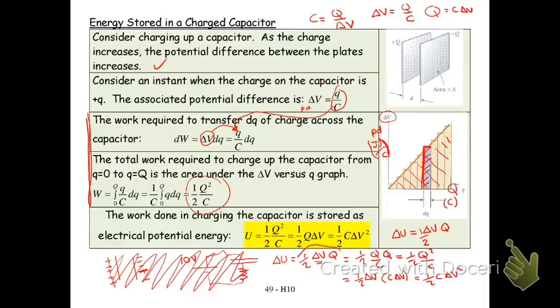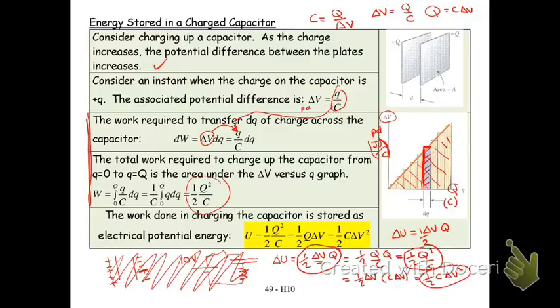So there's one equation, there's two equations, and there's three equations. I don't remember all three, because I don't do enough of these at any one time. Maybe if I did all the homeworks, by the end I'd have them. But anyway, those are the three alternatives you've got to know. Okay?